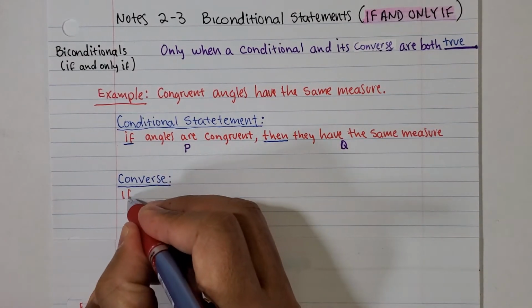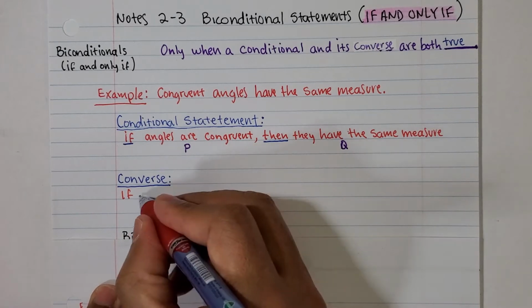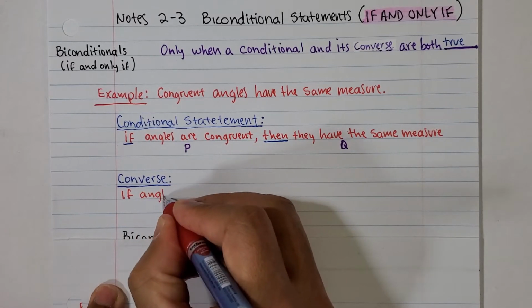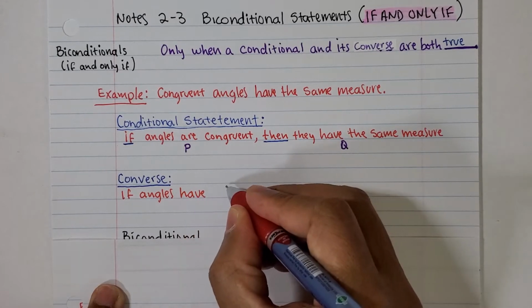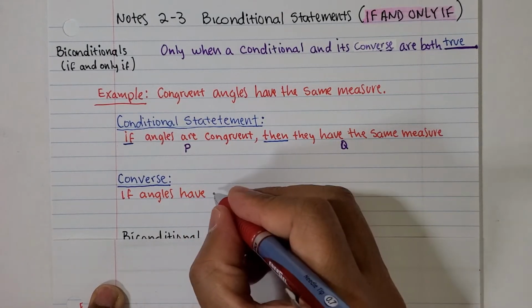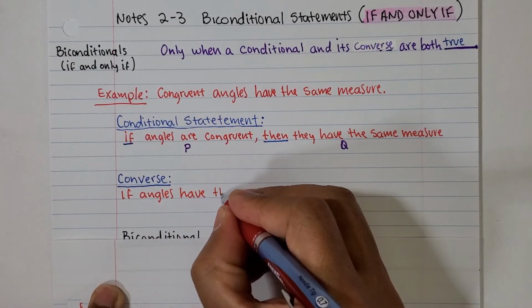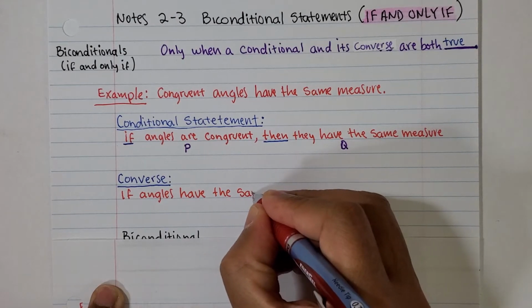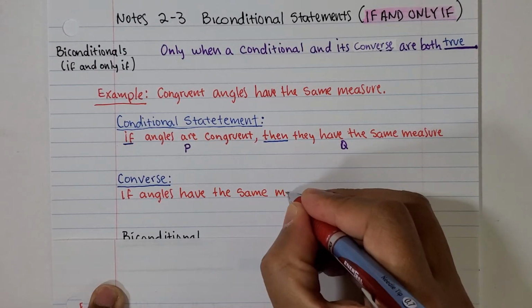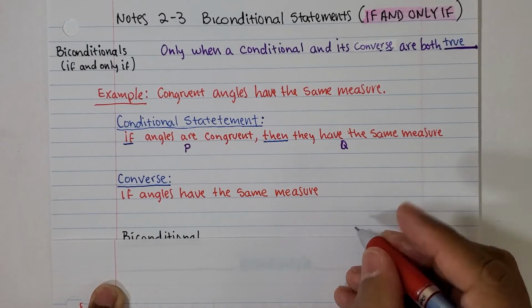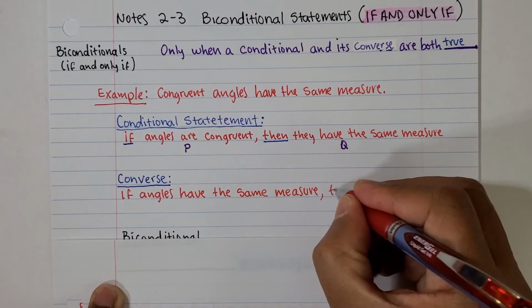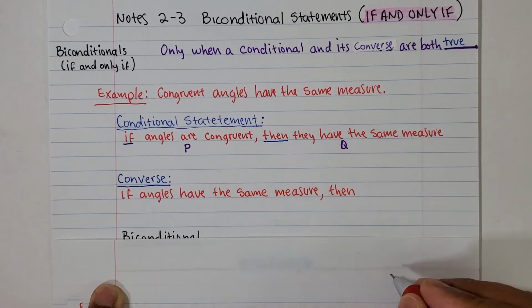So then we would say, if angles have the same measure, then what?